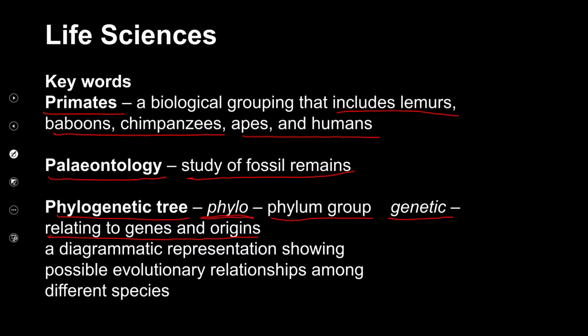That's basically what the tree represents. It shows the possible evolutionary relationships among different species, so we can see how closely or how far they are related.